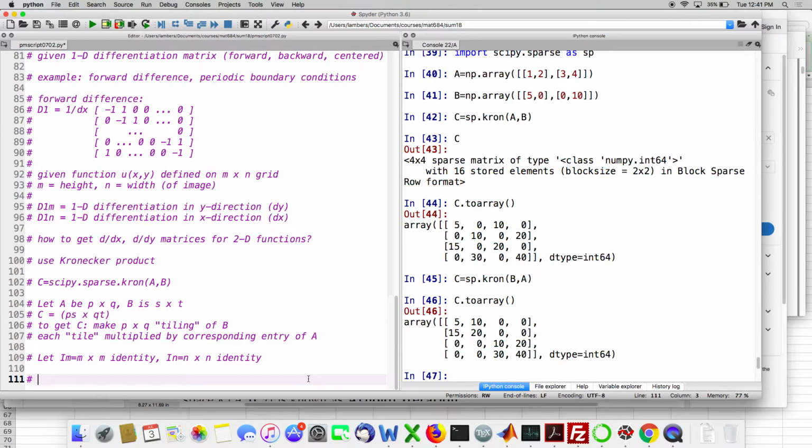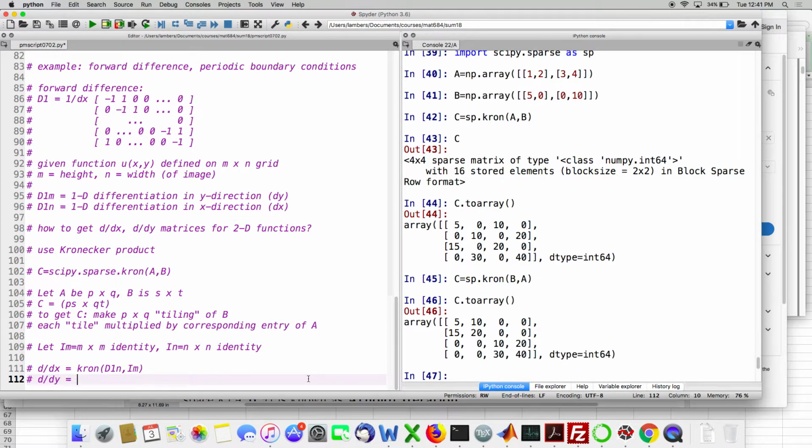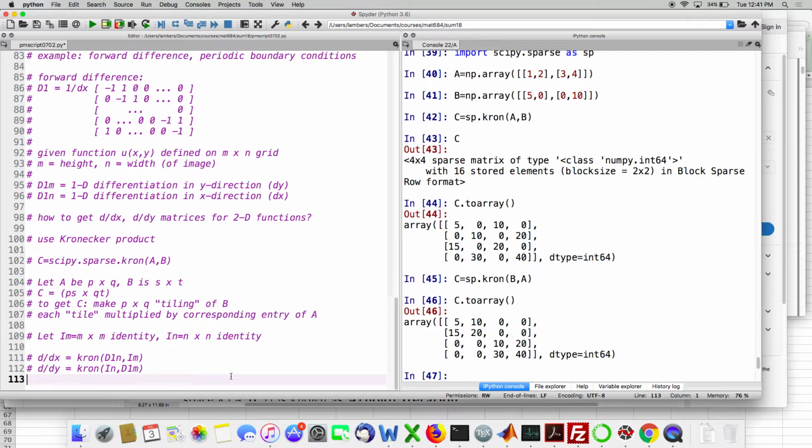So for DDX, it's a Kronecker product of your 1D differentiation matrix with respect to x, which I called D1N, times the M by M identity. And then for partial differentiation with respect to y, you go the other way: it's the N by N identity, and then the M by M differentiation matrix.